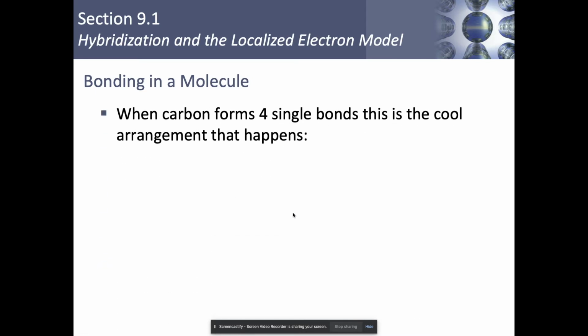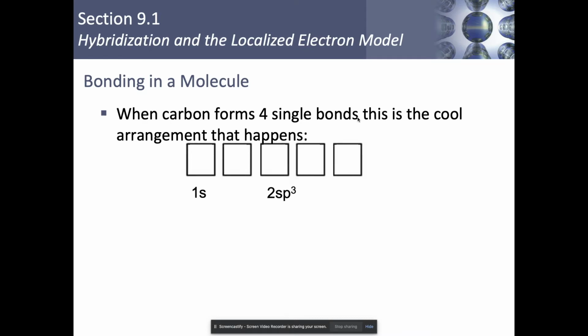So let's actually look at what happens to our carbon when we form these hybridized orbitals. Let's pretend we're making 4 single bonds. This is what actually happens to our orbital diagram. Notice the 1s didn't change. They're still core electrons. But look at what happened to our 2s and our 2p orbital. Instead of having a separate 2s and a separate 2p, they basically became merged together to form this hybrid.